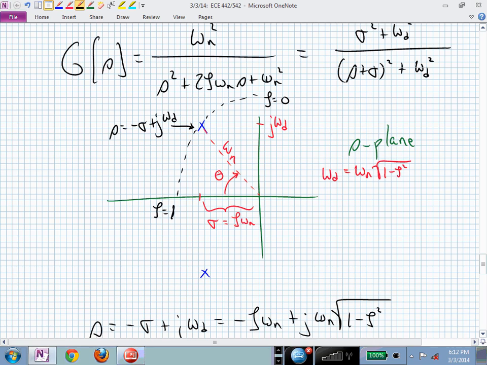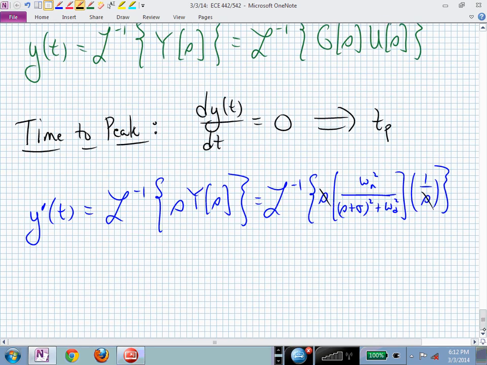If I have complex poles, what is going to happen when I inverse Laplace transform something with complex poles? I'm going to have exponentially damped sines and cosines, aren't I? And in this case, I do not have an s in the numerator. That means I don't have a cosine piece. I just have the sine piece.